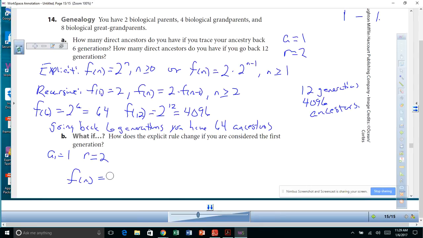That would be 1 times 2 to the n minus 1, which is 2 to the n minus 1. All right.